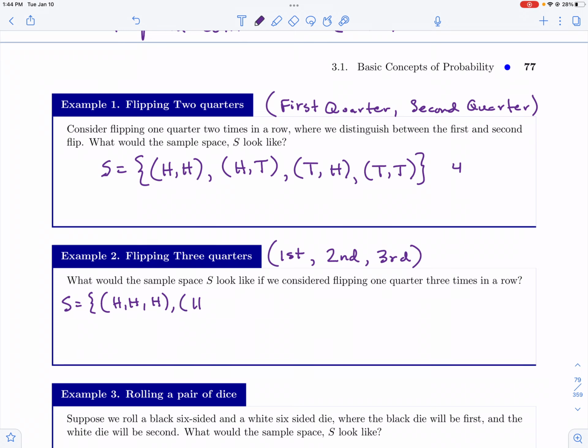So in this case, we could have heads, heads, tails, or we could have heads, tails, heads. And so now I'm going to allow that first coin to be changed from a heads. So this could be tails, heads, heads.